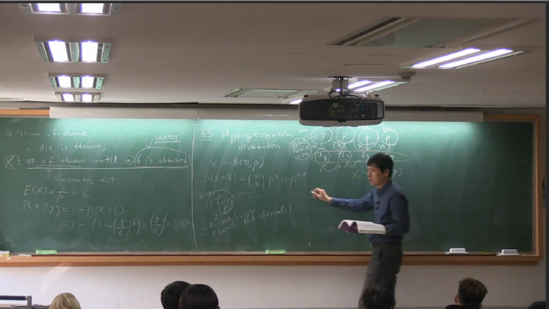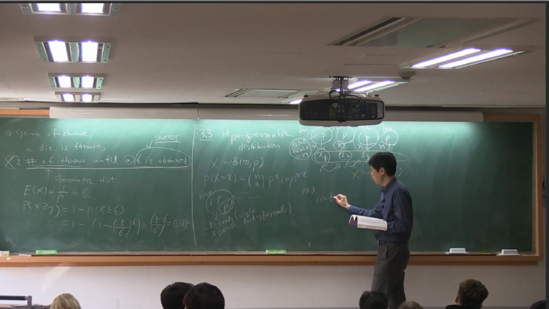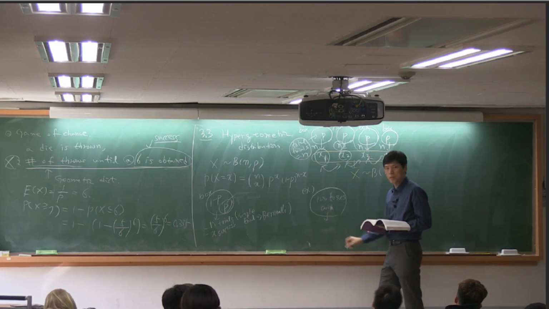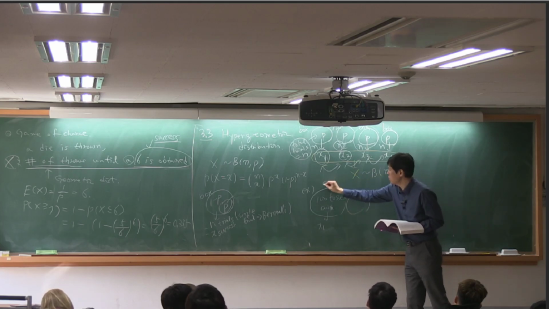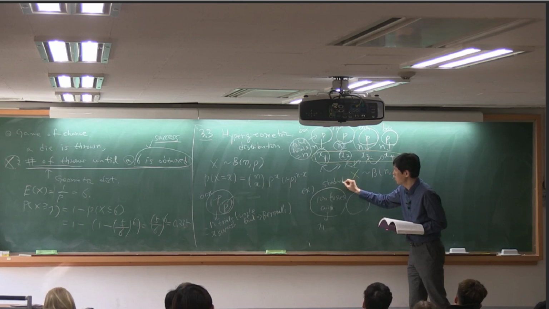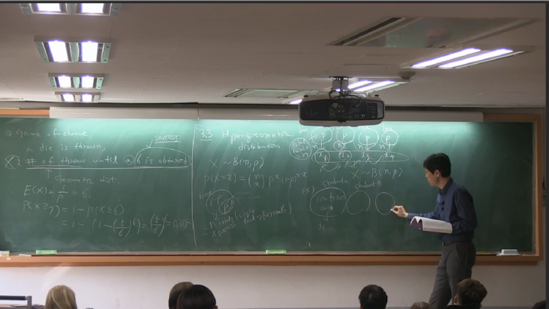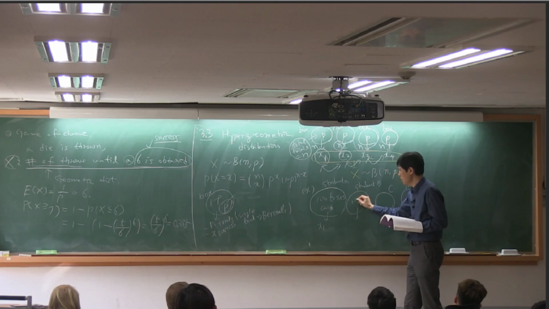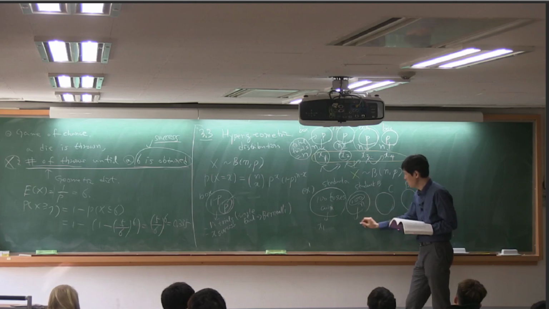Another example. A student flips a coin 100 times. What is the number of heads? x1. Another student, student A, student B, student C, student D, each does 100 tosses. This is a trial, n.